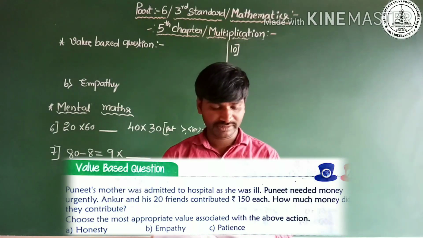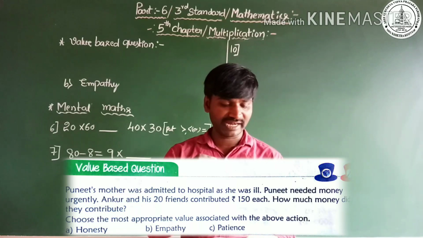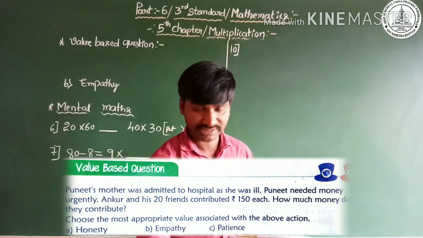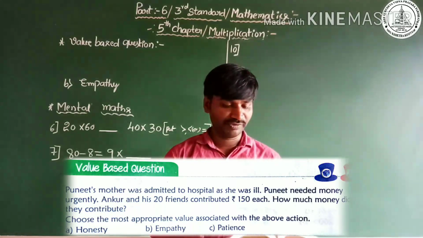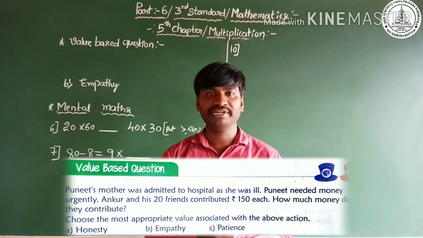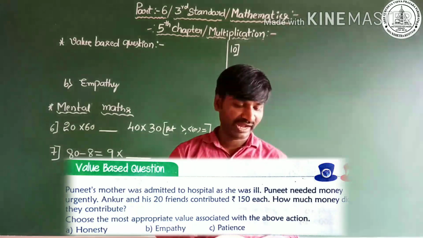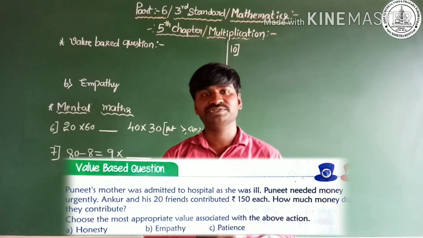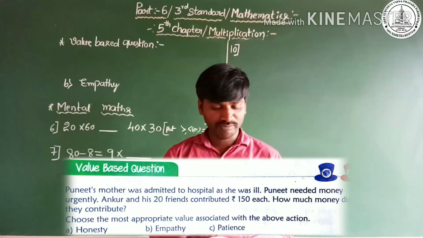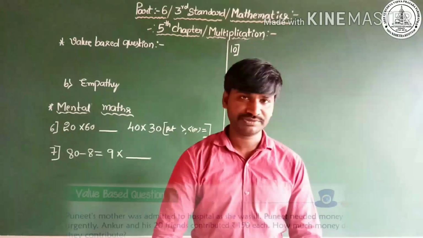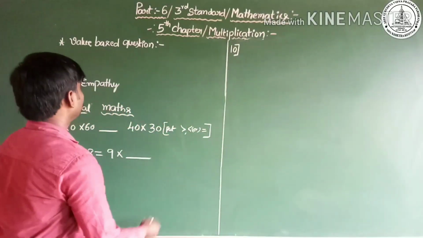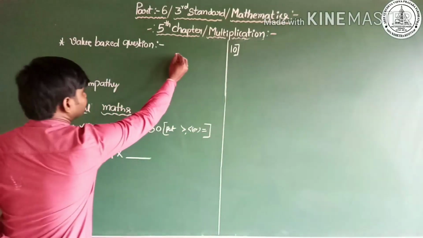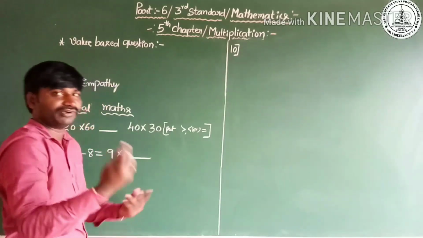The question mark. Dear student, Puneet's mother was admitted to hospital because she is ill. So Puneet needs money urgently. So his friend Ankur and his 20 other friends contributed 150 rupees each. So how much money did they contribute? Dear student, you know his friends are Ankur and 20 other friends.